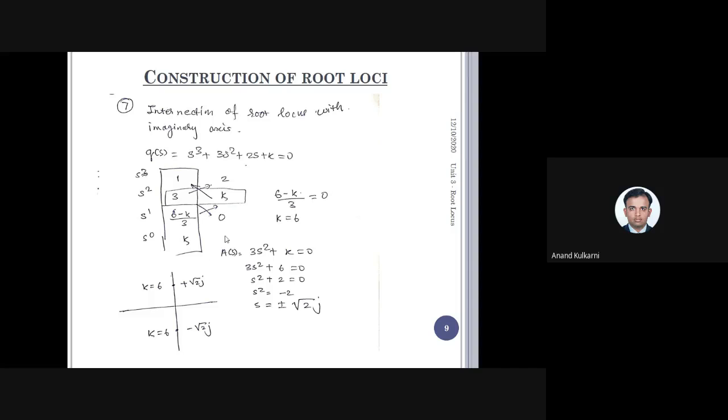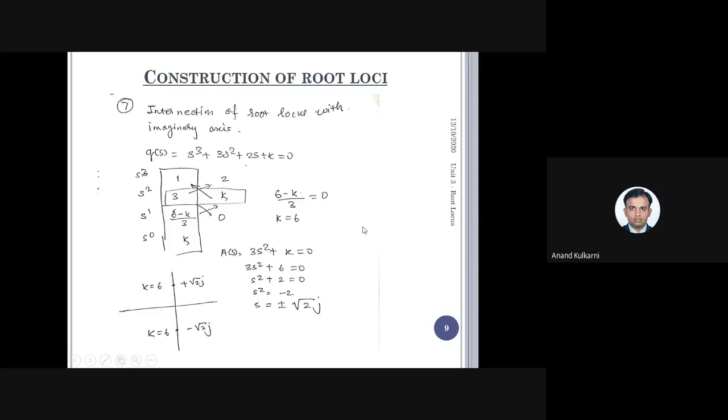Now, for the system to be stable, all these first column elements should be positive. K should be greater than 0 first.